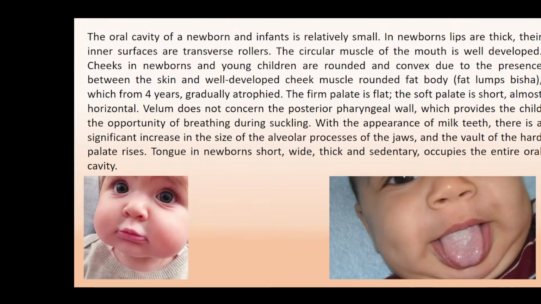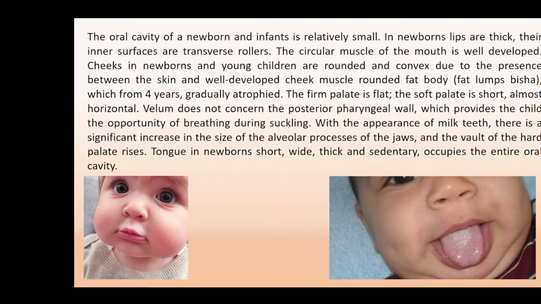The oral cavity of a newborn infant is relatively small. In the newborn, lips are thick, the inner surface has transverse rollers. The sucking muscles of the mouth are well developed.